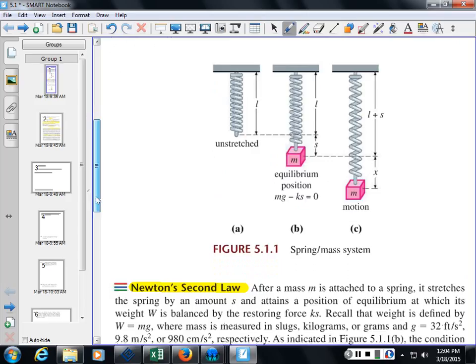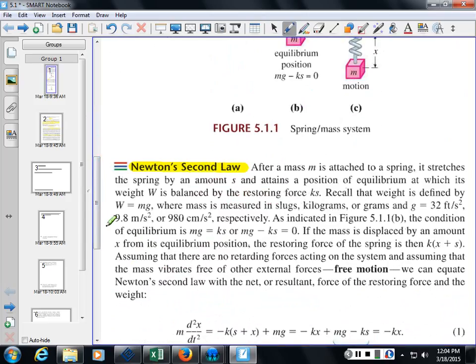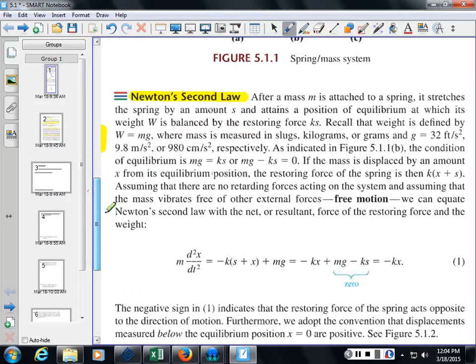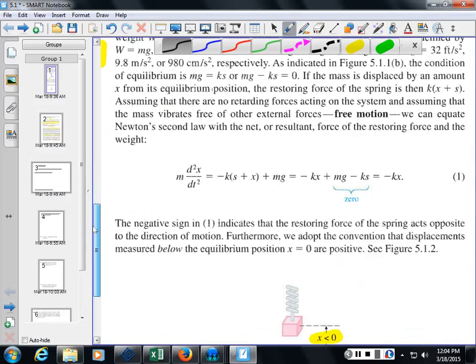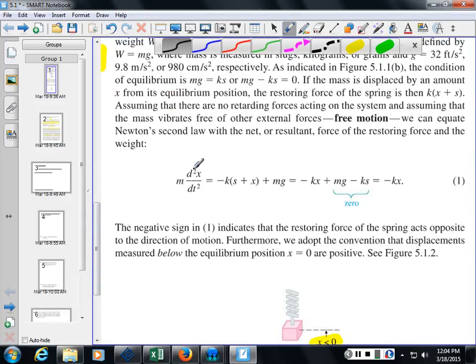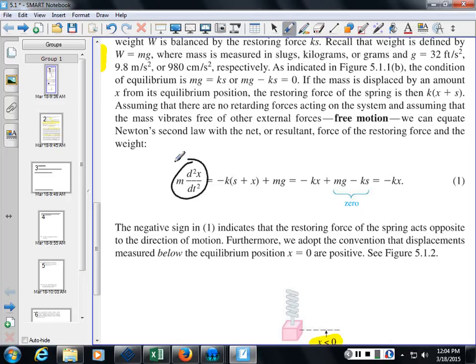Now, if you take Hooke's law and couple it with Newton's second law, what Newton's second law says is that the force of any particular mass is said to be associated with the mass times the acceleration. If we take those two together, so for this part here, this is Newton's law.